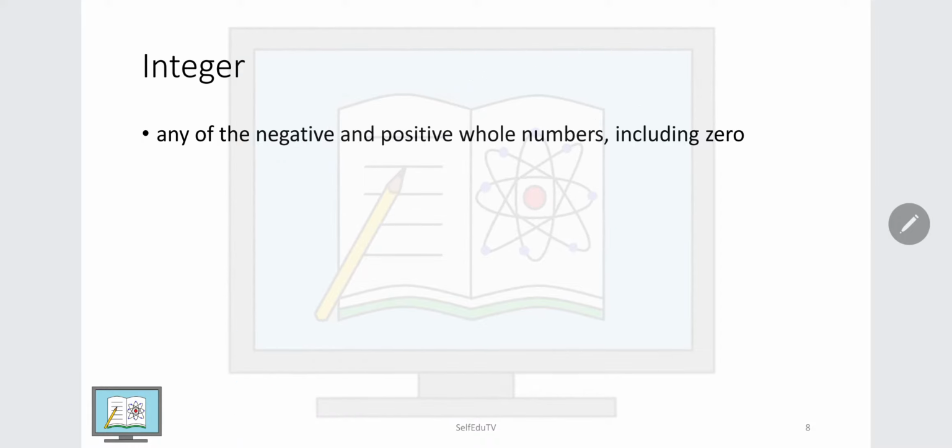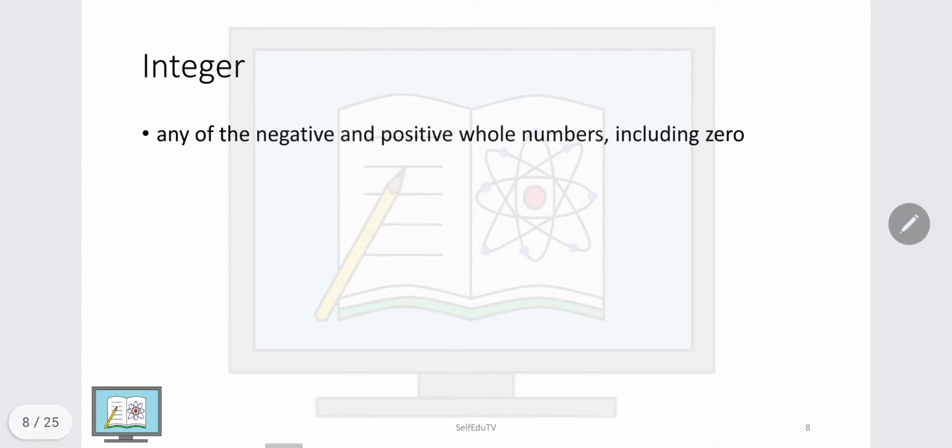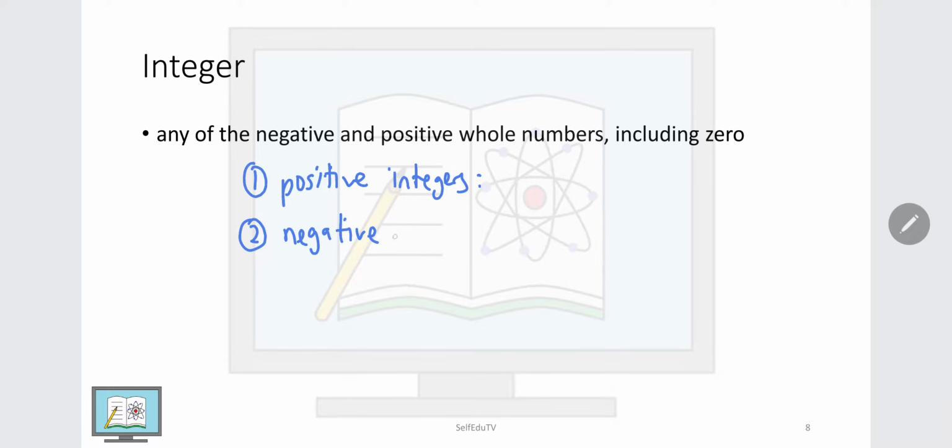An integer is any of the negative and positive whole numbers, including 0. So there are 3 types: positive integers, negative integers, and 0.